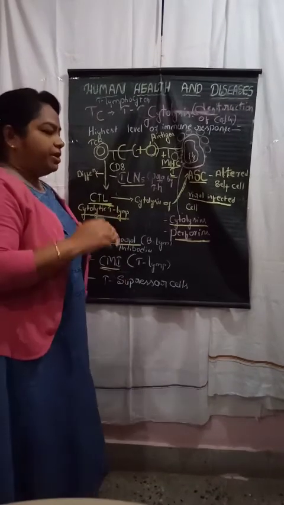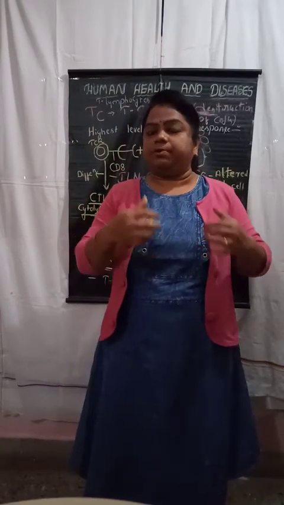So if our body is free from all infection, and all infected cells are destroyed, and our body is normal, is there any expectation of further immune response in our body? No. So that's why these T helper cells and the TC cells are suppressed. They have to be stopped from producing the immune response in our body.